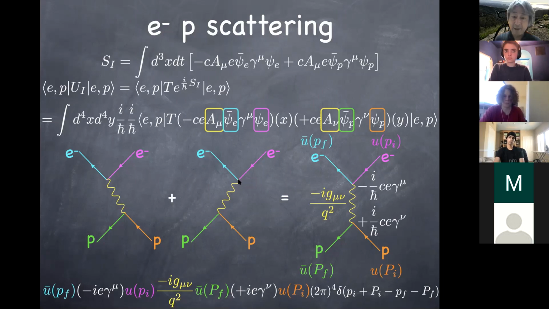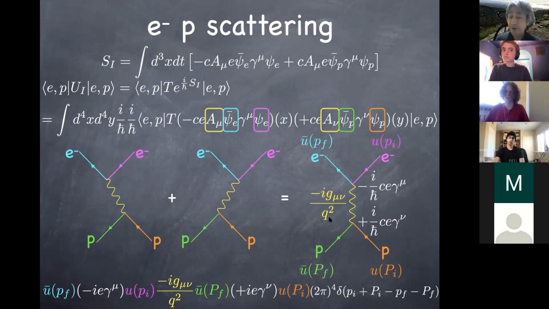Okay, and as I also mentioned, when you do the y integral, that gives a delta function of electron momentum minus electron momentum equals the four-momentum of this photon. So energy momentum is formally conserved at this vertex because this photon four-momentum is the initial electron momentum minus the final electron momentum. But that photon momentum, in some sense, violates energy momentum conservation because q squared, the energy of the photon squared minus the momentum of the photon squared, is not zero.